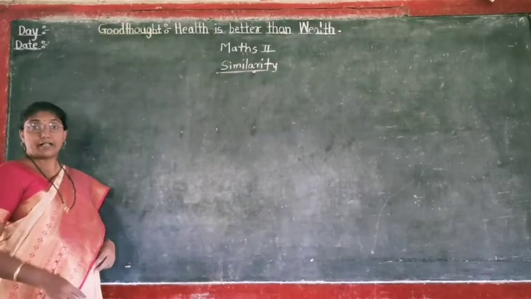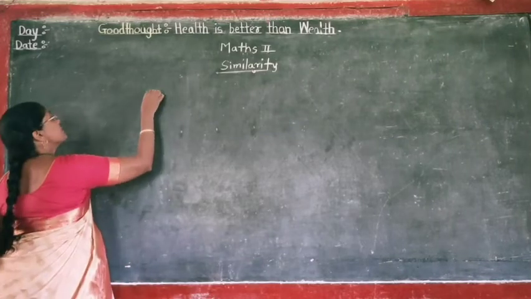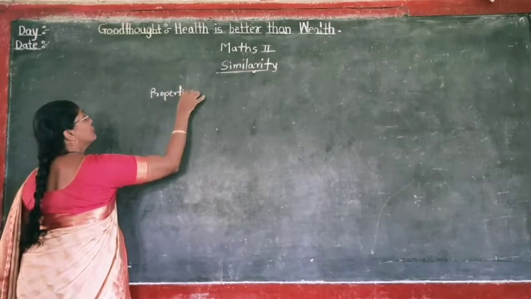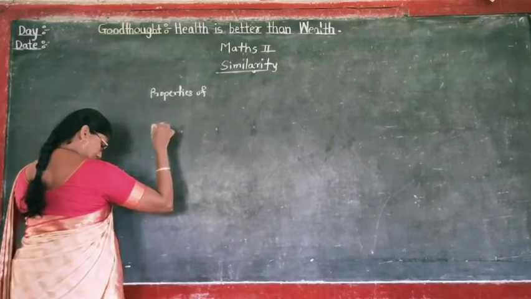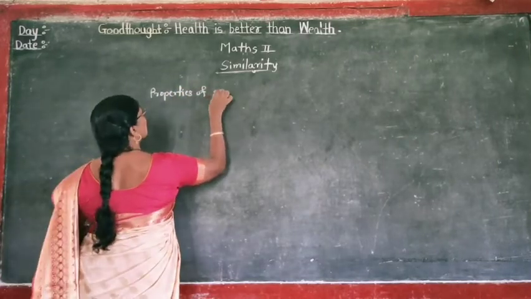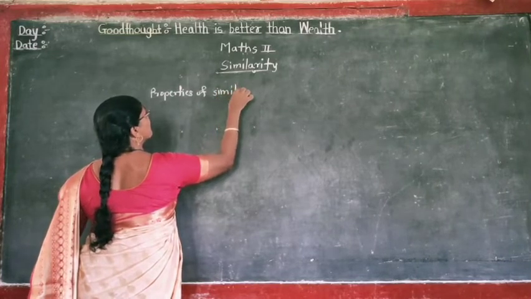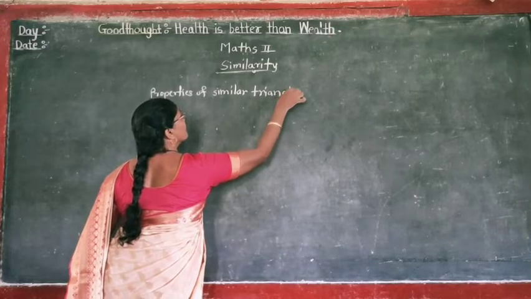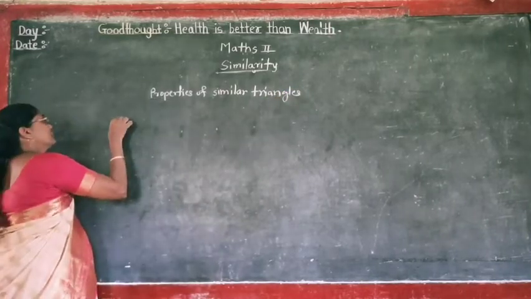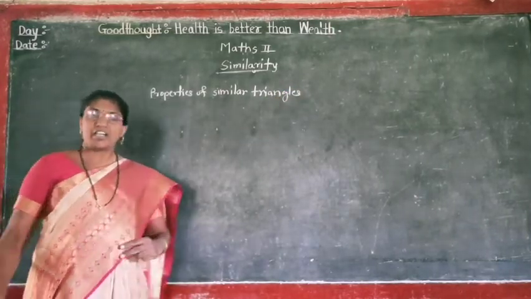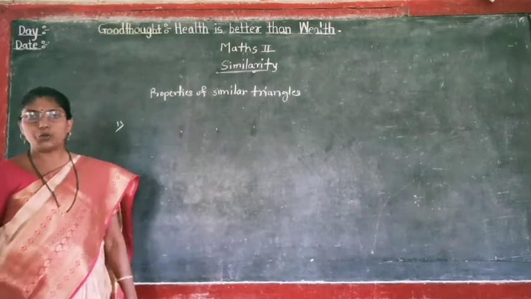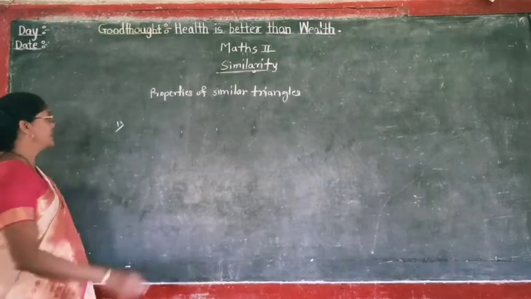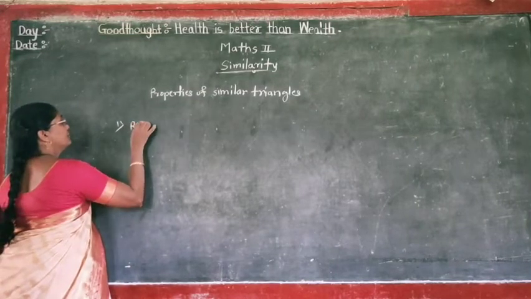Now, properties of similar triangles. Each triangle is similar to itself. This property is known as reflexivity.